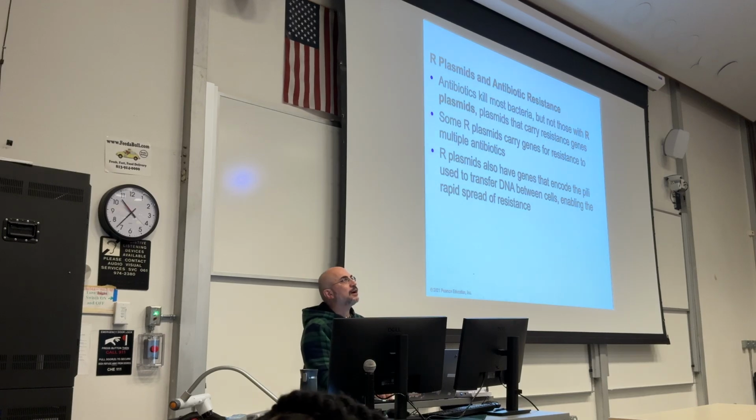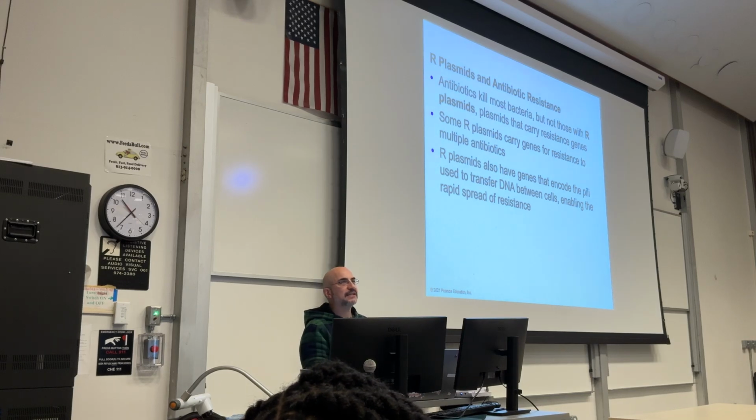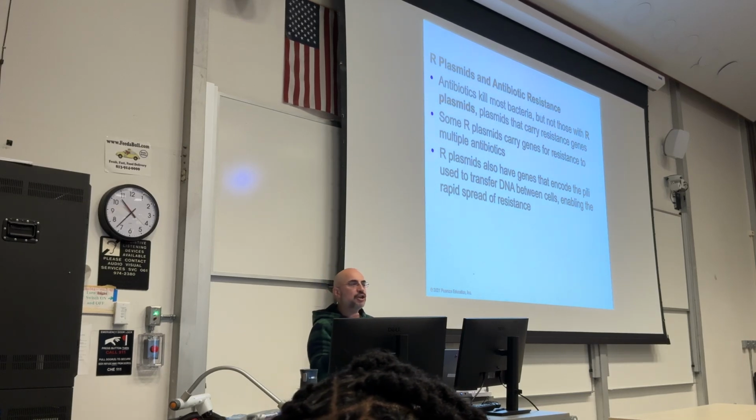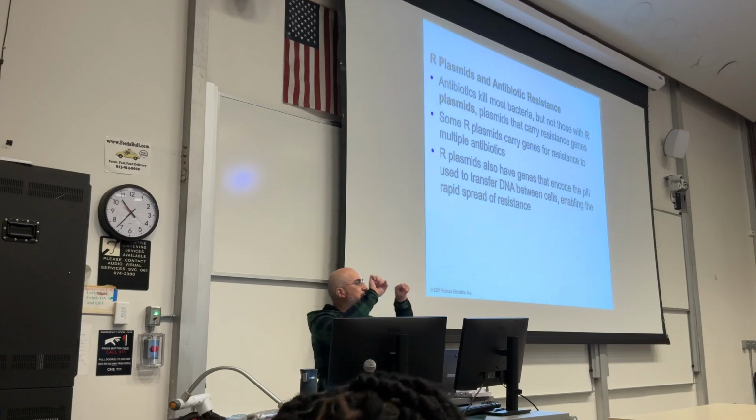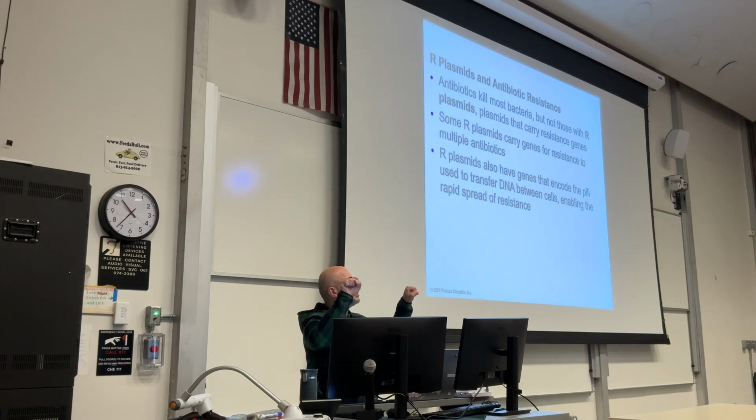Now, the R plasmids are the ones that have genetic information to develop these tubes to conduct the horizontal gene transfer. So it's not just by chance that the tube or the pili is produced.